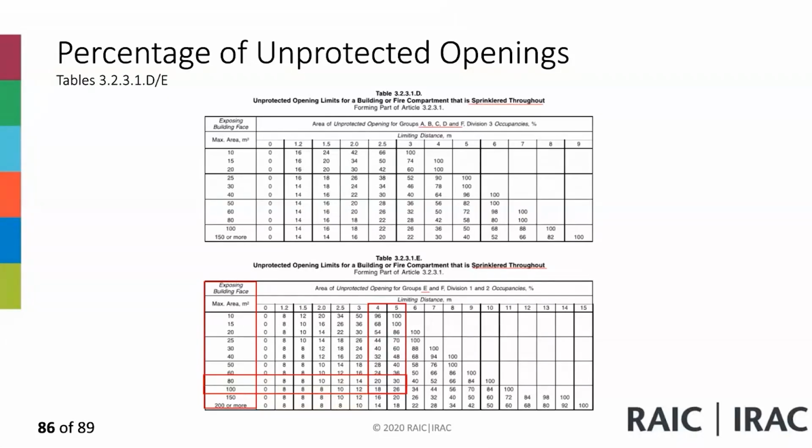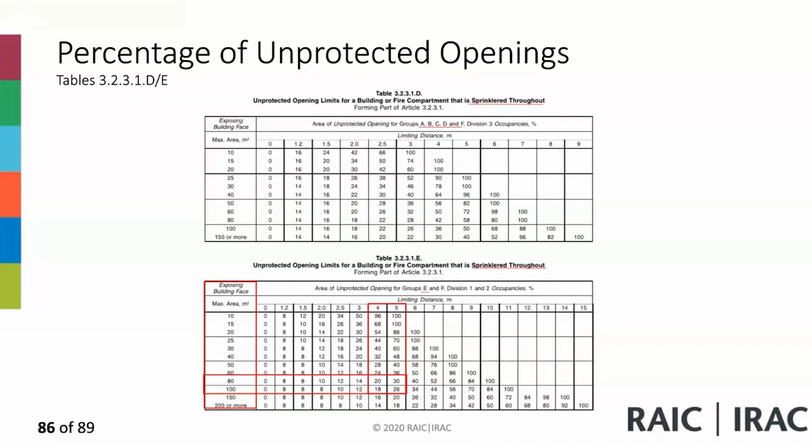For all other occupancies that are not sprinklered, that's 3231B. If the building is sprinklered, then you can go directly to 3231C and 3231E. 3231C again is sprinklered occupancies other than group E and F3, F2, and F1.